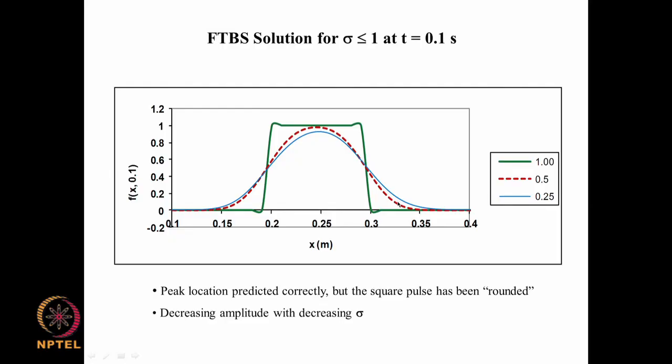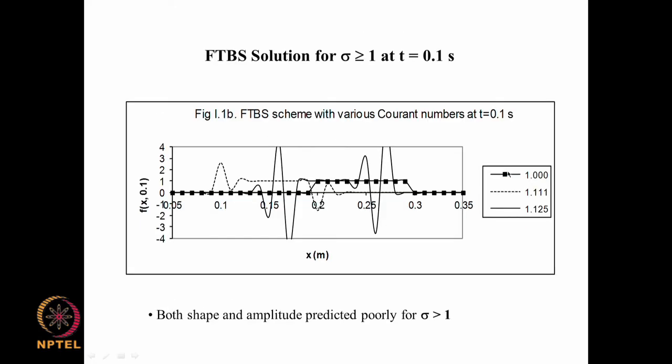Now what will happen if we go to a Courant number which is greater than 1? We found that the best solution is at 1, and if you increase it by about 11%, so delta t is increased by about 11% here, this is what we are getting. You can see the pulse of 1 going from 0.2 to 0.3.